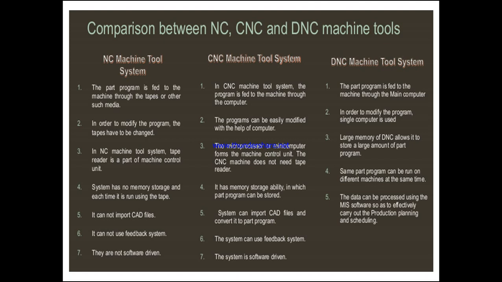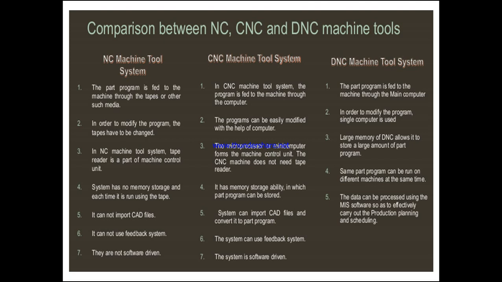So in the NC machine tool system, the tape reader is a part of the machine control unit. But here the microprocessor or mini computer forms the machine control unit. So the CNC machine does not need any tape reader. The large memory of DNC allows storing a large amount of part programs, stored using CMOS memory chips.